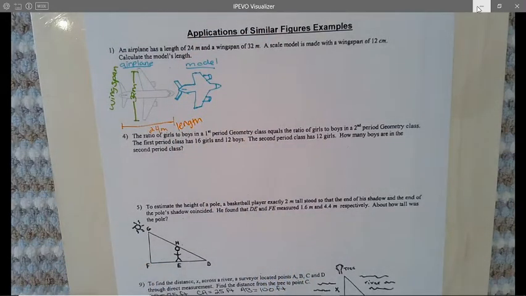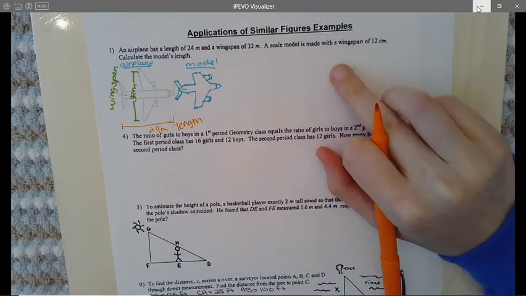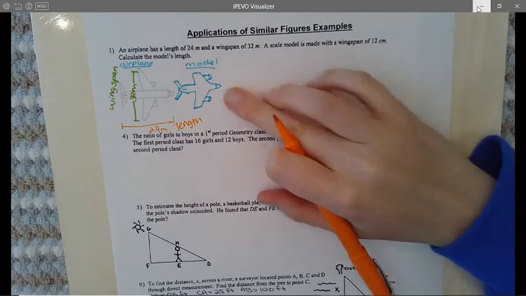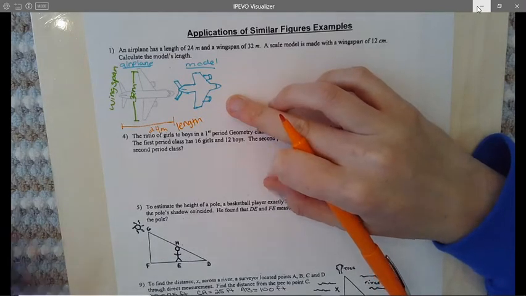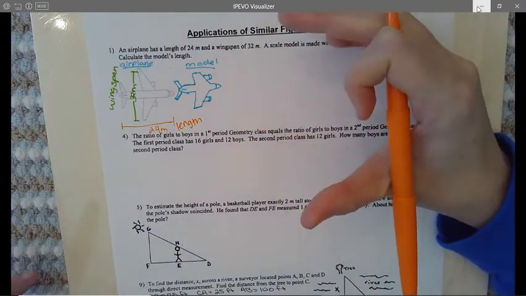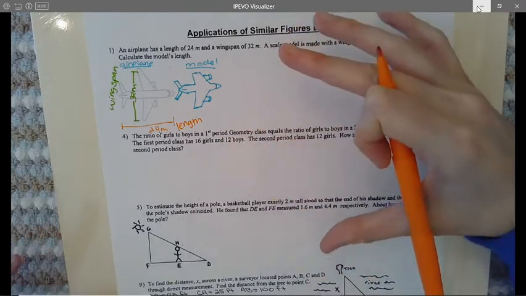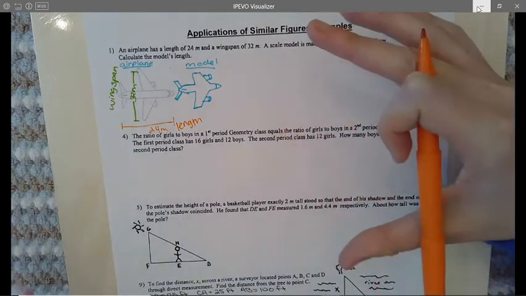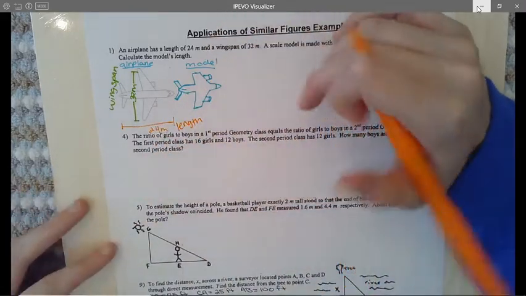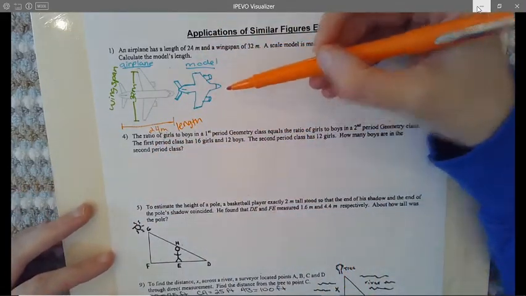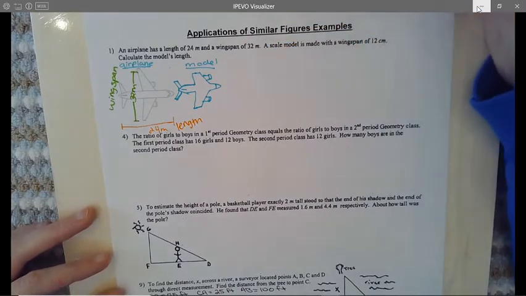Then it says a scale model is made with a wingspan of 12 centimeters. Here's my attempt to draw a model, which, if you don't know, is just a smaller version of the actual object. It's easier to visualize things on a model than on an actual plane, since a plane is so large.